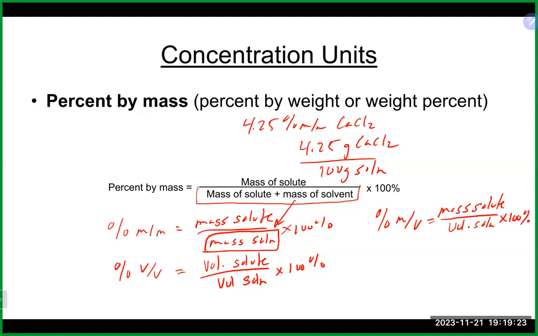Mass to volume would mean that you had 4.25 grams of calcium chloride in 100 milliliters of solution. I think we did some examples where, if you want to take more of a dimensional analysis approach, you could convert that into a usable conversion factor, or you could plug and chug into these equations, and it's really the same math. It's just whichever one you prefer.